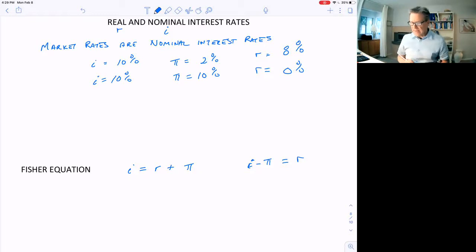Now, if you take a finance class, they're going to give you a formula for calculating nominal and real rates that's different than this. They're right. But there's not that much difference between them. For small rates of interest, there's not much difference at all. But they are more accurate.